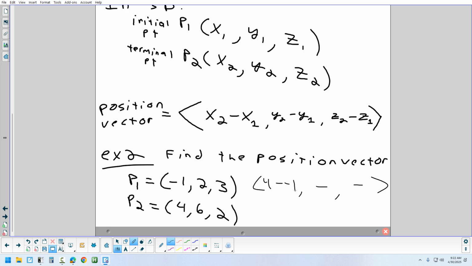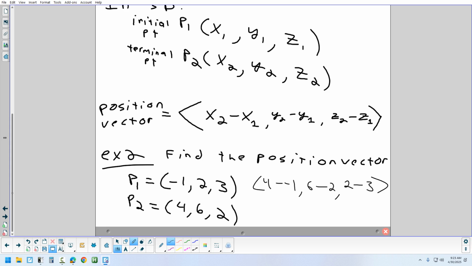What's going to be the calculation to find my y-axis component? 6 minus 2. And the calculation for the z-axis component. So we get the x, we get the y, now we need the z. Yep. 2 minus 3. Has to be in that order. If you do it in a different order, it's not right.